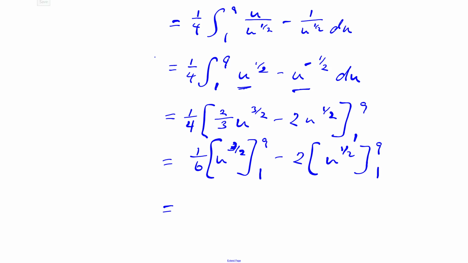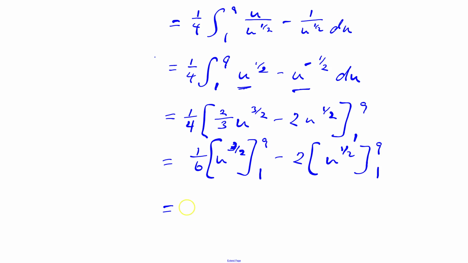Now, depending on how comfortable you are with plugging numbers in and evaluating without actually writing it down, what I'm going to do next may be long-winded for you, too much detail. But I'm going to write it out so it's crystal clear. Nonetheless, if you can plug 9 in for u here and see that 9 to the 3/2 is 27, that's fine.